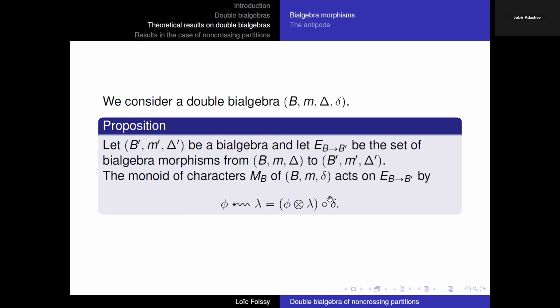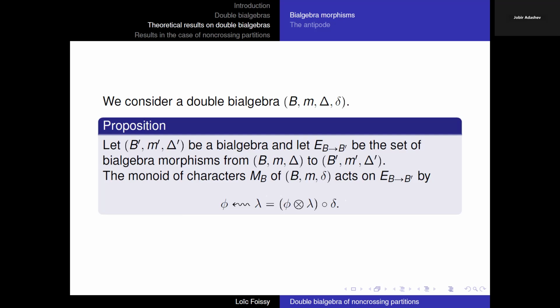You take the second coproduct, then you apply phi on the left, lambda on the right. Of course, delta goes from B to B tensor B, phi goes from B to B prime, lambda goes from B to C. So this goes from B to B prime also, and this turns out to be another bialgebra morphism.